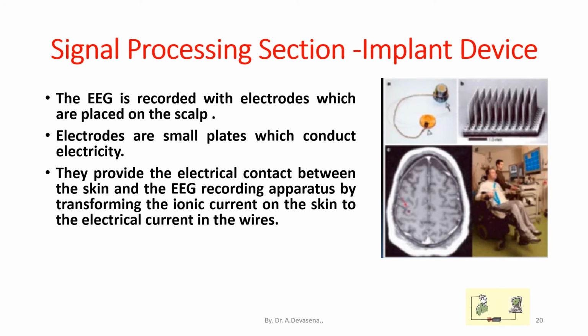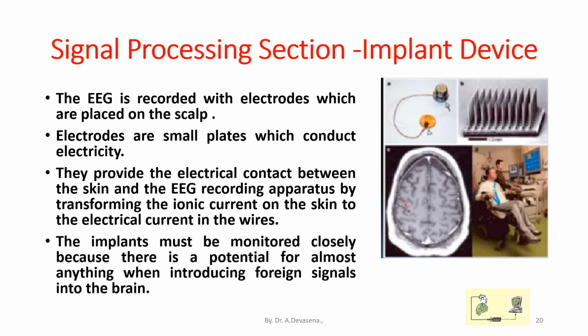They provide the electrical contact between the skin and the EEG recording apparatus by transforming the ionic current on the skin to the electrical current in the wires. The implants must be monitored closely because there is a potential for almost anything when introducing foreign signals into the brain.